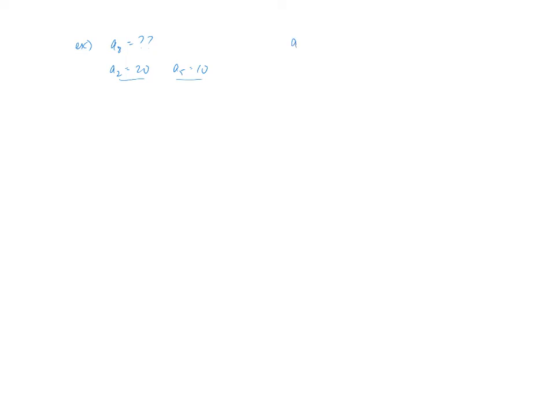So we know that the nth term formula for an arithmetic sequence is that. I also know that a sub 2 equals 20. Well, remember, that's my n. So I'll have a sub 2, which equals a sub 1 plus 2 minus 1 times d, is going to equal 20.